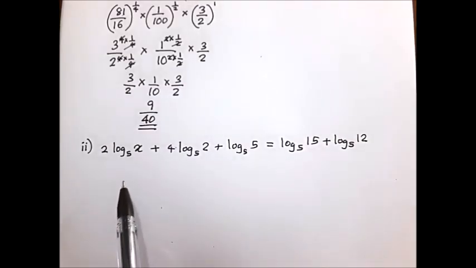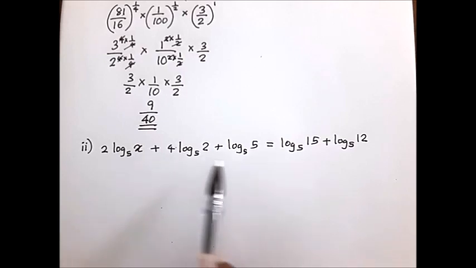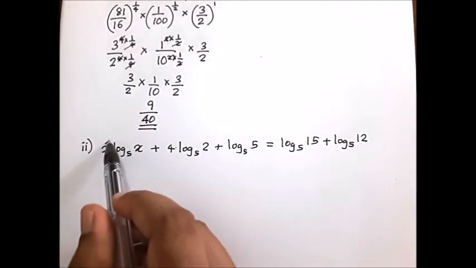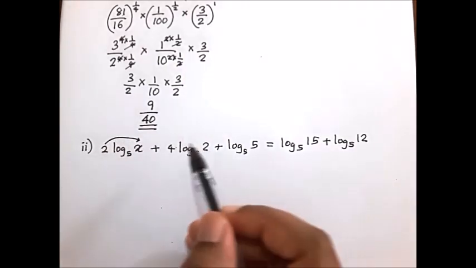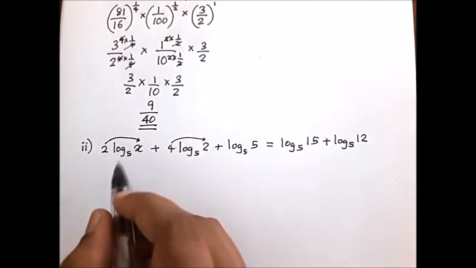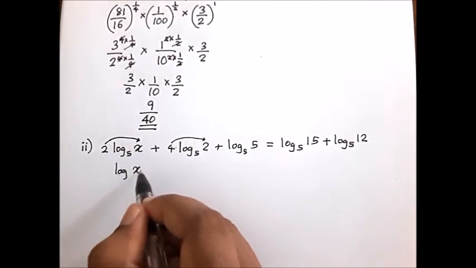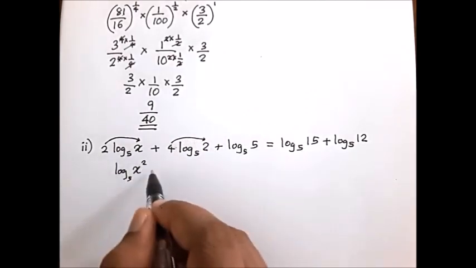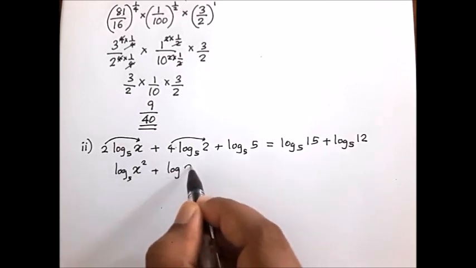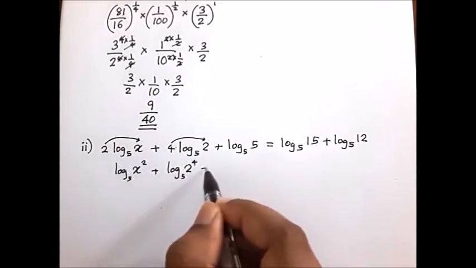Now the second one. You have to find the value of x by solving this equation. First, take these numbers as indices. Logarithm of x to the power 2 base 5. Logarithm of 2 to the power 4 base 5.